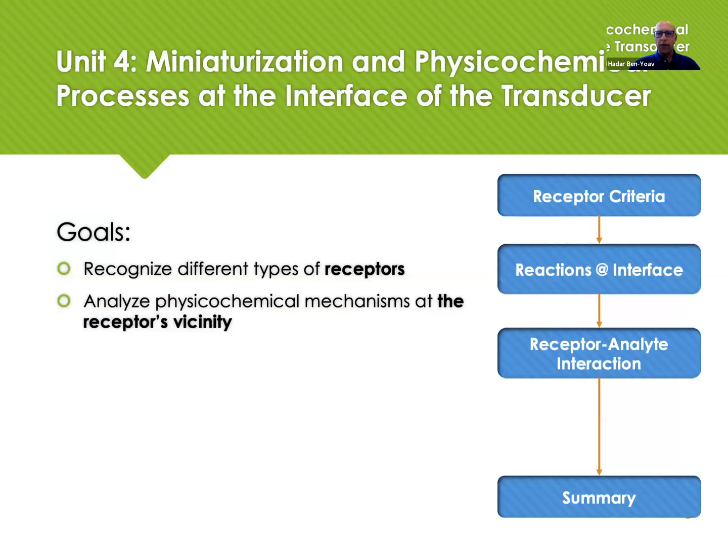So the goal of the lecture today is to recognize different types of receptors, and we will remind ourselves what receptors are soon. And then we are going to analyze different mechanisms where the receptor interacts with our analyte.